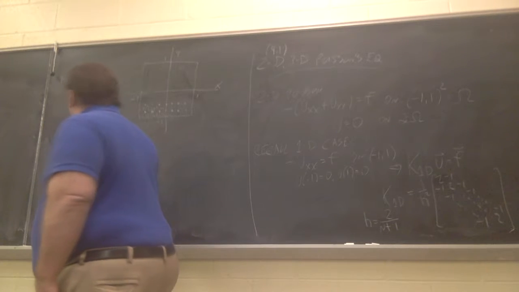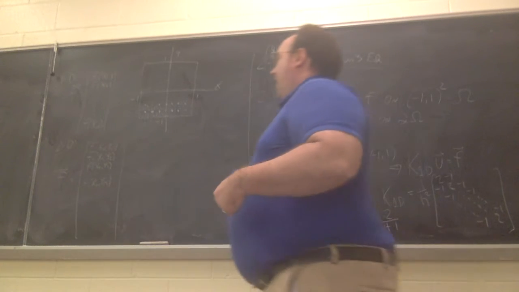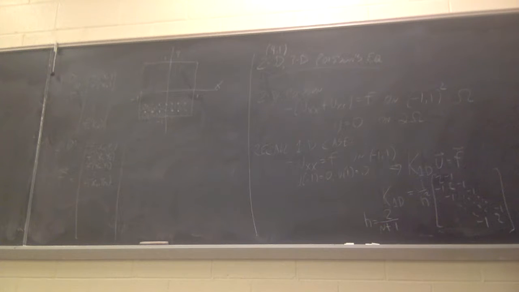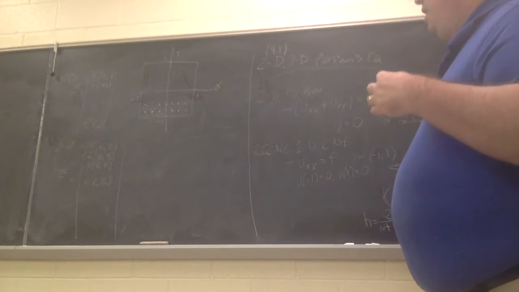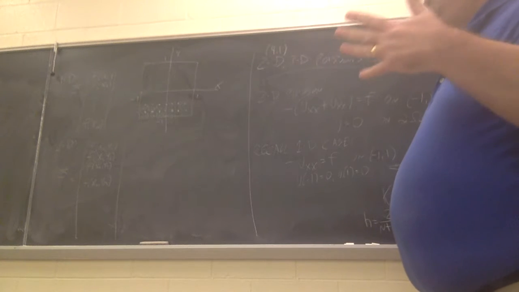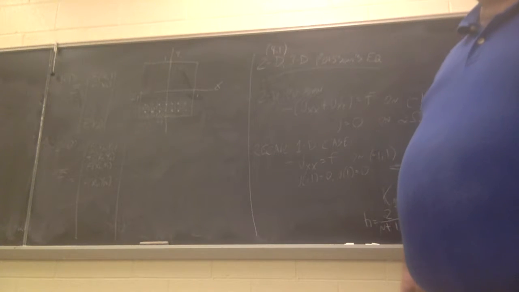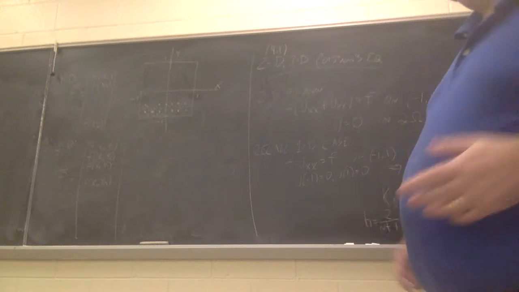Now, I've been using capital N to refer to the number of x values, and I'll continue to do so. I'll use capital M to refer to how many y coordinates we have, because they don't have to be the same.